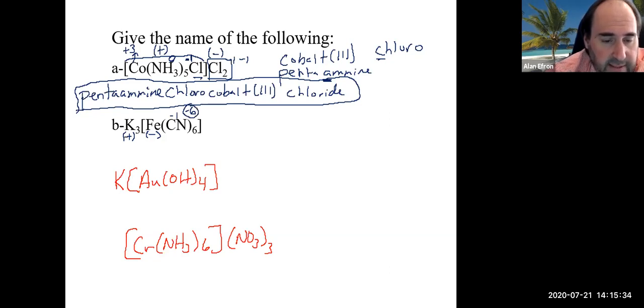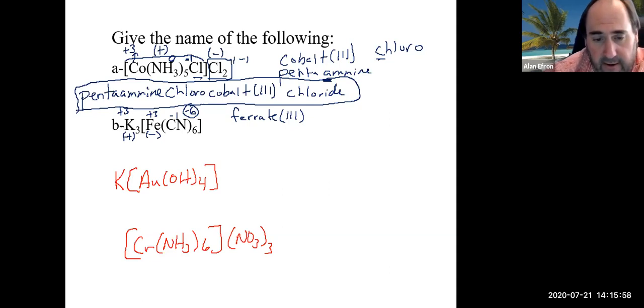We have 3 potassiums, each at +1, giving you a +3. And that means in this case the iron is going to be +3. It also means that because the complex ion part is negative, we will not use iron for the name, but we will use ferrate with a Roman numeral of 3.